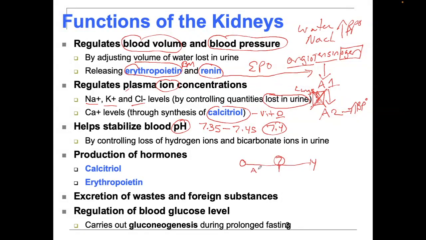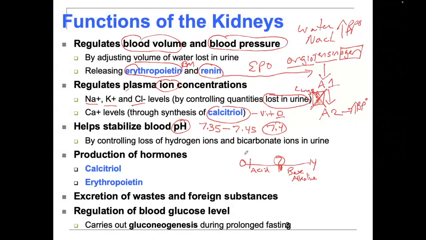Anything from 0 to 7, of course, is an acid, and anything above 7 is a base or alkaline. So blood pH, which is 7.4, is right around here, right? That's 7.4. So blood is slightly basic or slightly alkaline.